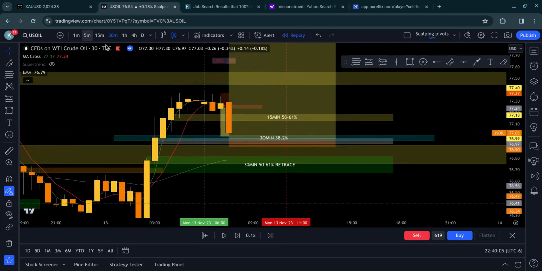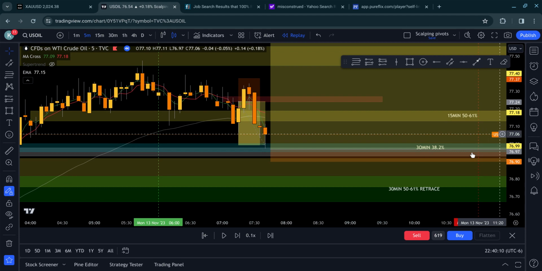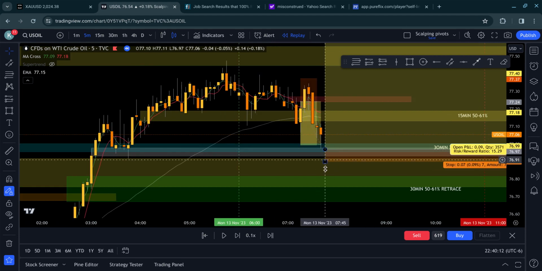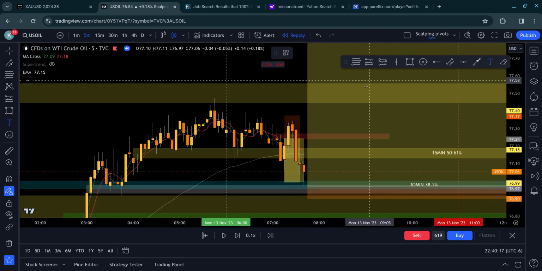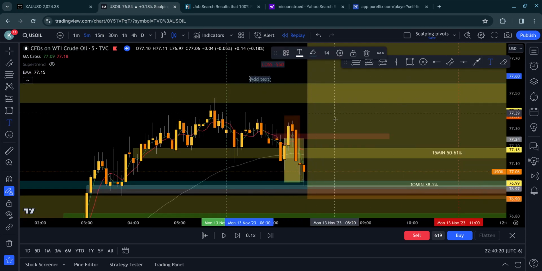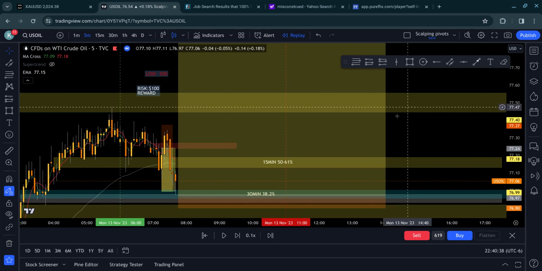Now say hypothetically, now you're on the 5-minute. On the 5-minute, you're going to be a little bit aggressive and you're going to tap back into that trade. Now you're going to risk again. You're going to risk $100 to make, what's this, a 15-1 if this actually hits take profit.